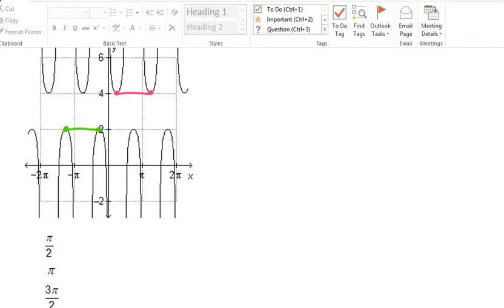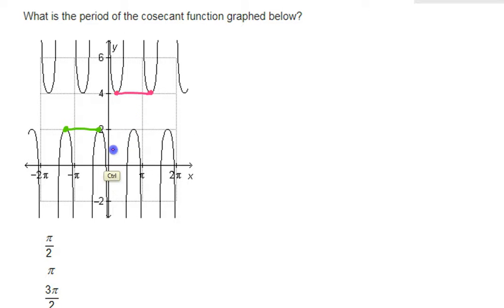Can you see, for example, that from one line to the next line, from here to here, how long is this? This is pi. So this distance on the graph represents pi. If I were to go from here to here, that distance would be, for example, 2 pi.